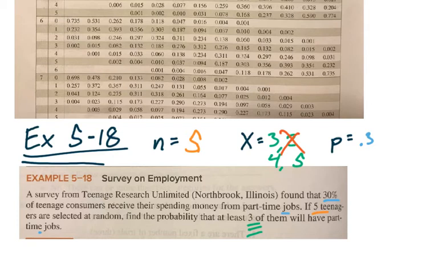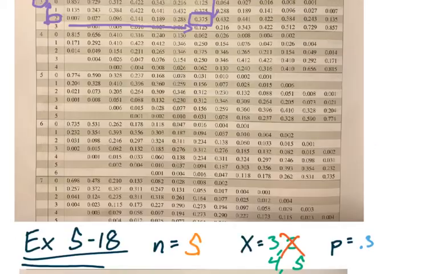That's all of them, so that's at least 3. If we have 2, 1, or 0 that have a part-time job, then this event is not satisfied. So here we are going to be adding up some cumulative probabilities. So we just scroll back up here, and N is equal to 5.